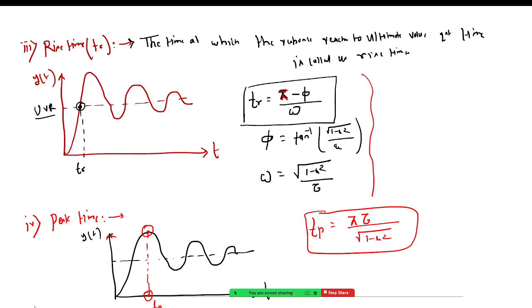So this is your formula for peak time. Sometimes what happens, they will give you this kind of plot, and they will give you the time corresponding to all these things. So you don't have to remember these things. Most probably they will give you the plot, and you have to check whether this is peak time, whether this is rise time, and so on.